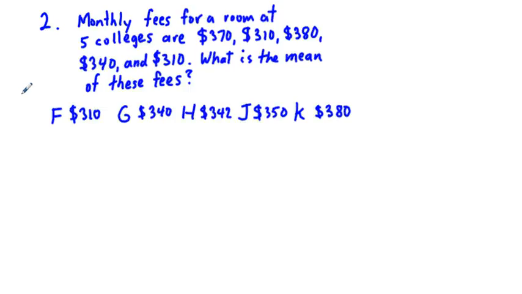Next problem. Monthly fees for a room at 5 colleges are $370, $310, $380, $340, $310. And average, a mean, this word mean means average.